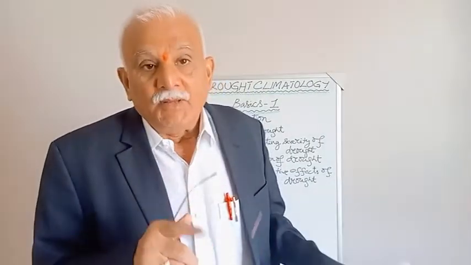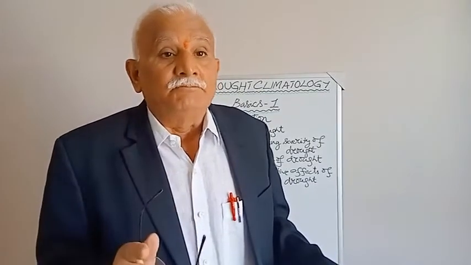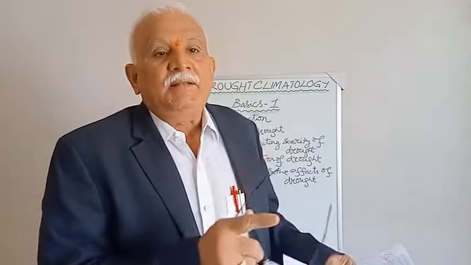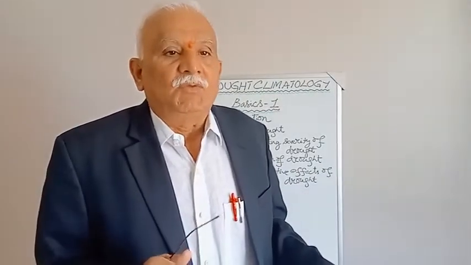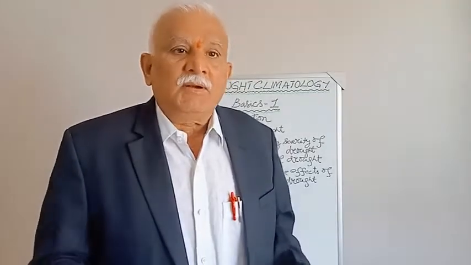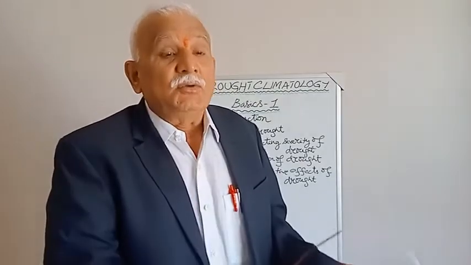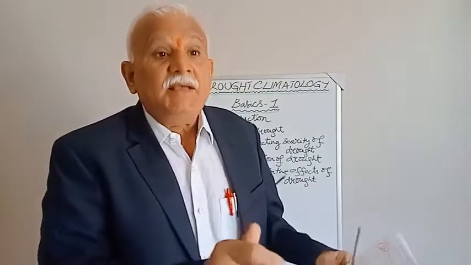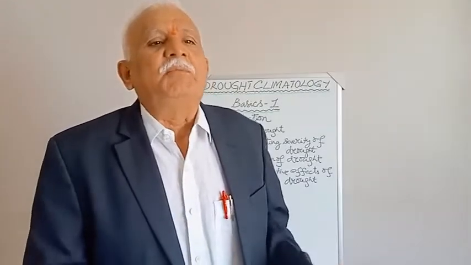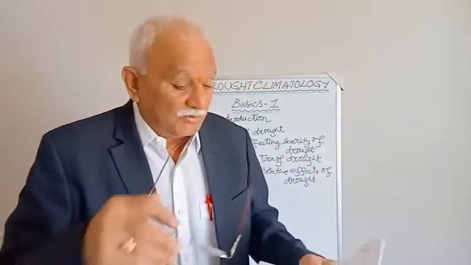So please note, very, very important, as far as India is concerned, the drought mitigation policy lies with the Ministry of Agriculture and Farmers Welfare. Even though the India Meteorological Department is doing wonderful research and inputs, they give it to the Ministry of Agriculture and Farmers Welfare. They take the decision based on the excellent inputs from the India Meteorological Department. Drought climatology is a very big subject, but from the agriculture point of view, we try to understand.